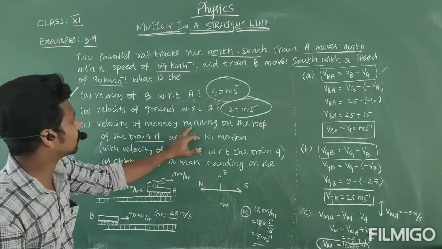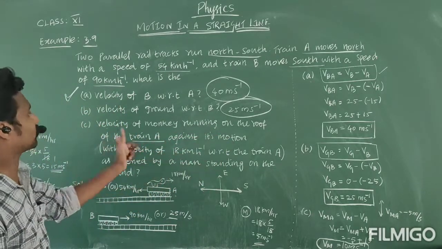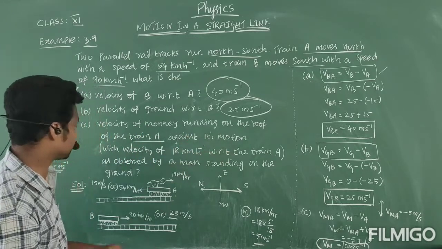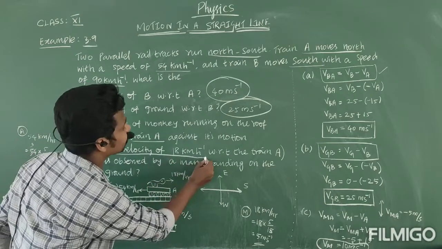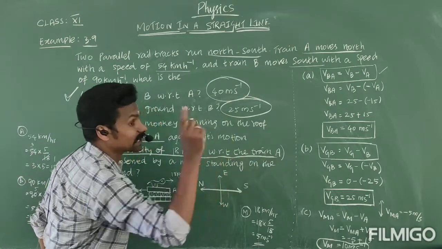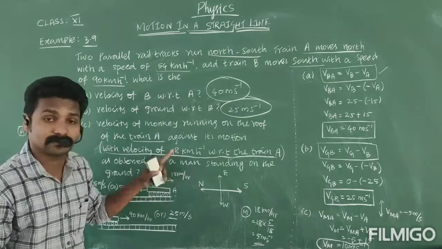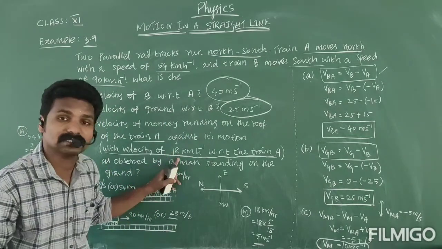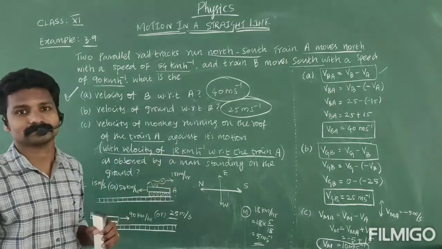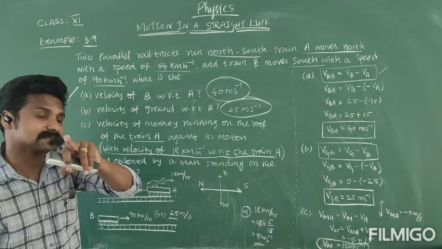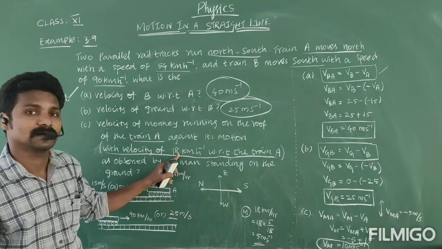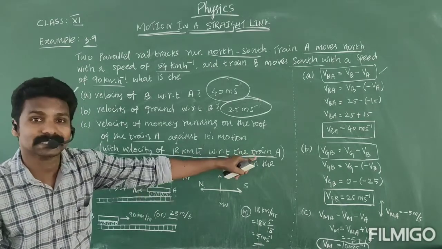The velocity of the monkey running on the roof of the train A against its motion, with the velocity of 18 kilometer per hour with respect to train A. Here is a very important point. We should be careful. It is not the velocity of monkey. It is the relative velocity of monkey with respect to train A.